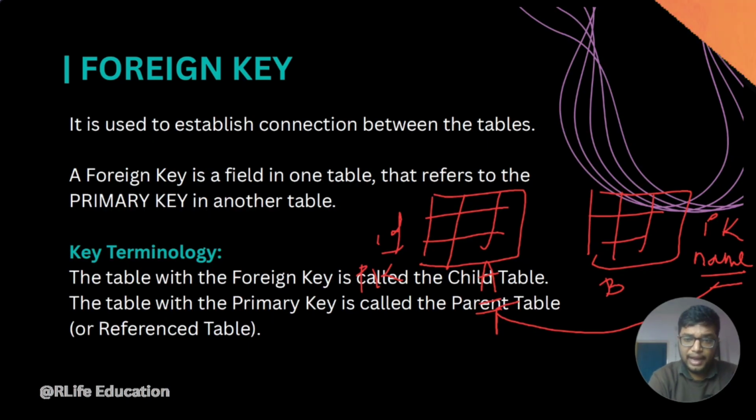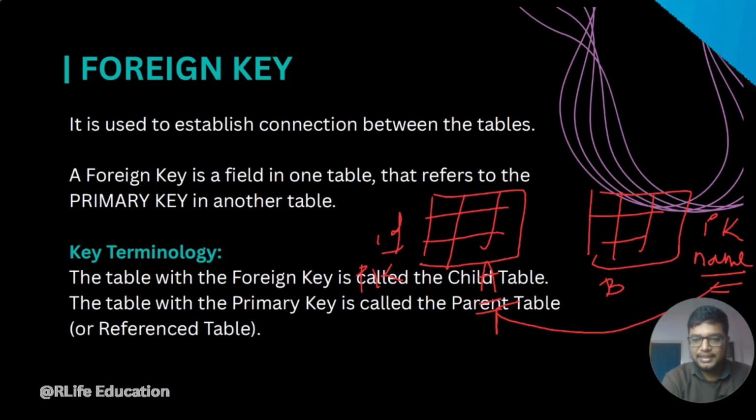If I bring in this column name here, this is called a foreign key because it is the primary key in its own table. This name belongs to table B, and I am trying to connect it with my own table.